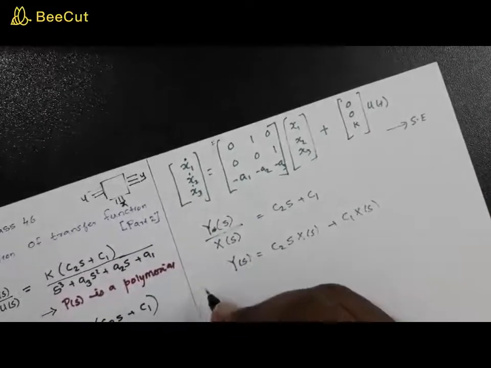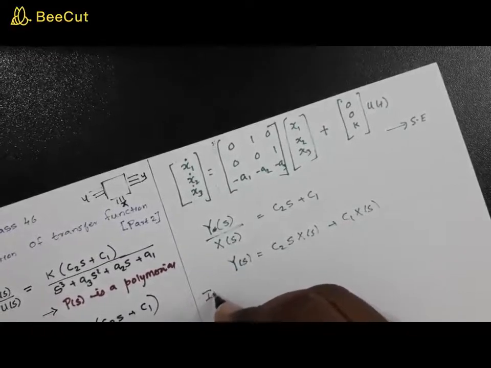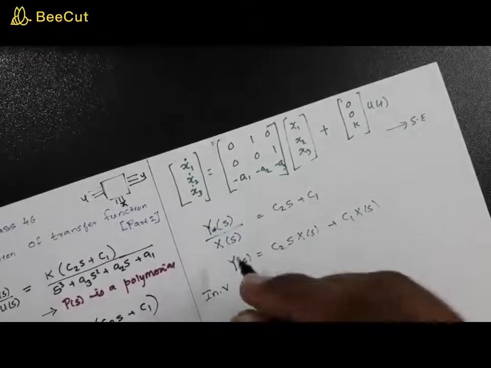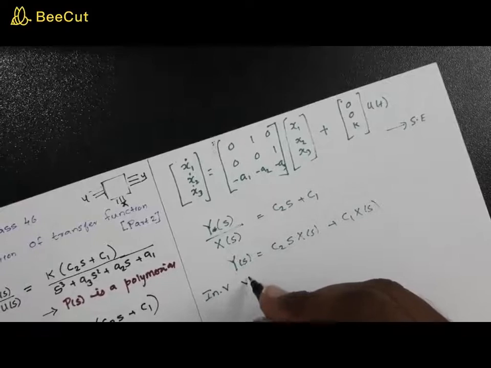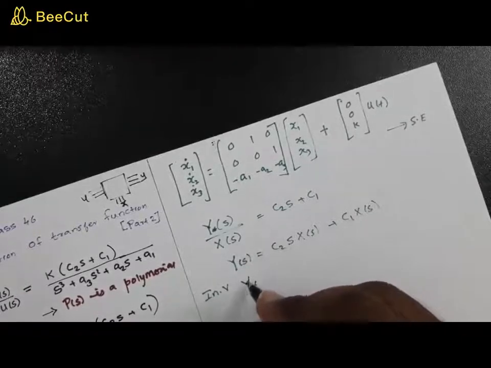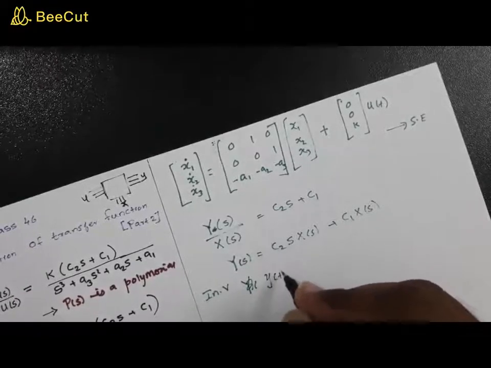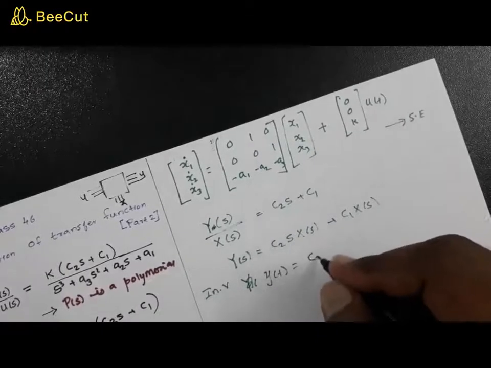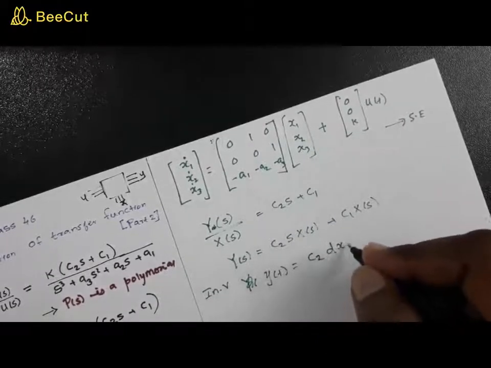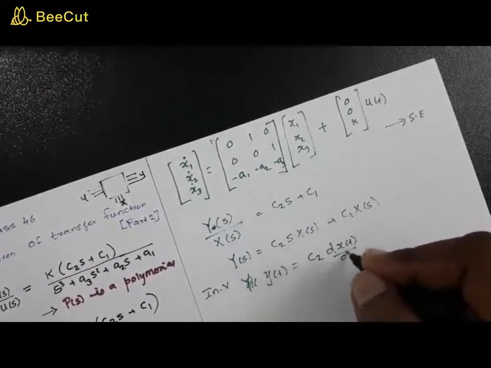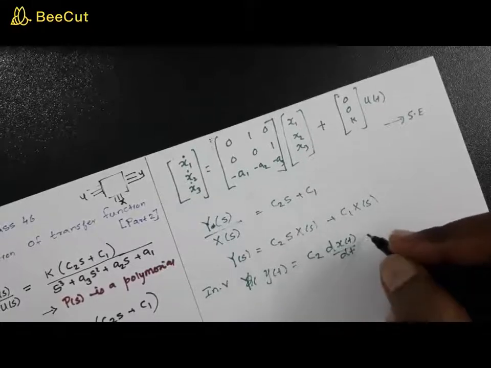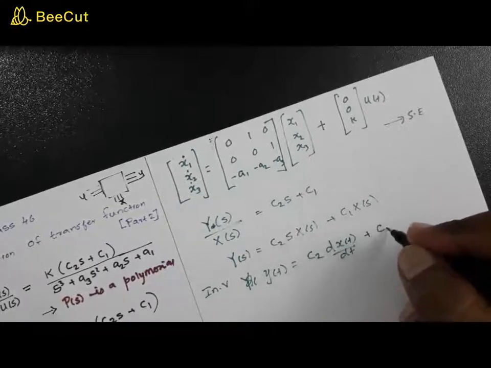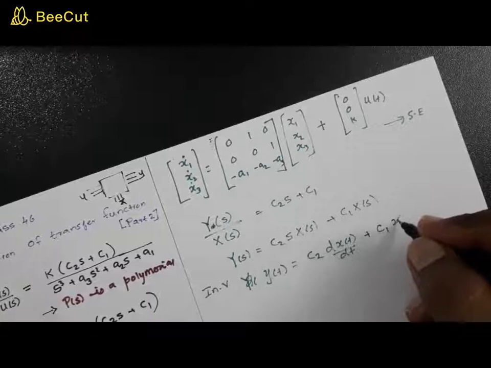Okay, now taking the inverse Laplace transform, you will get y of t is equal to c2 into dx of t by dt, right, plus c1 into x of t.